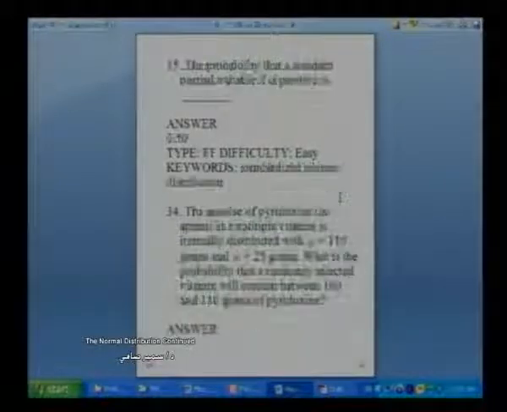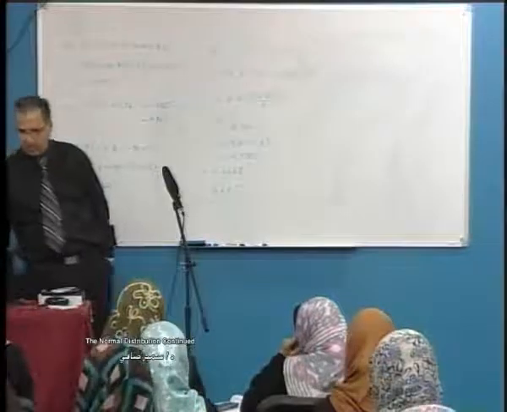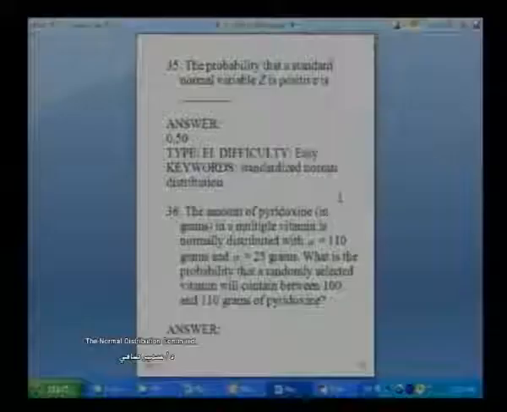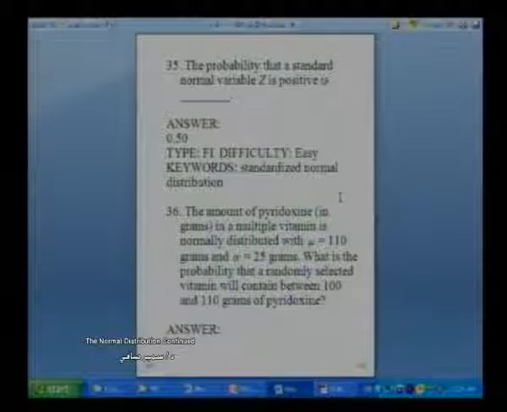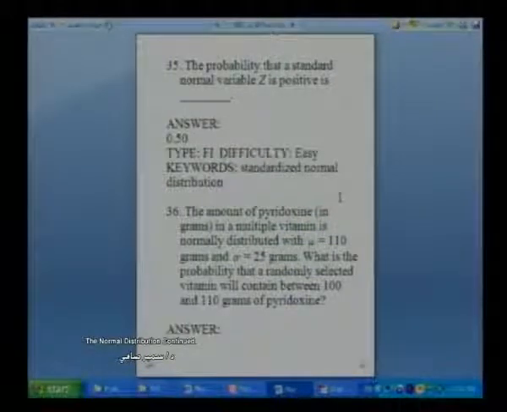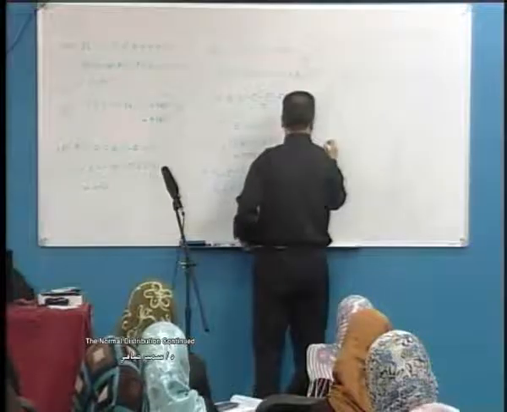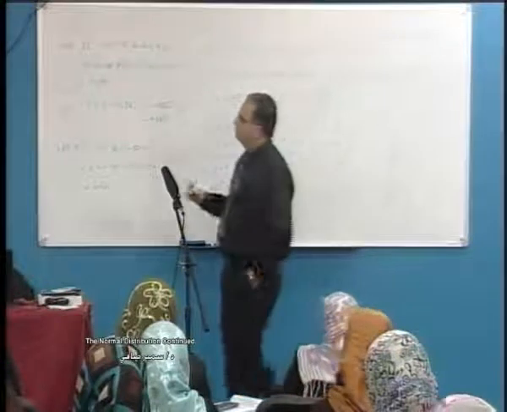Let's see, for example, 35. The probability that a standard normal variable z is positive is, now if you look at the z table, z curve, more than 1.5.